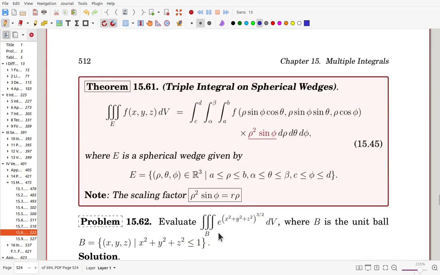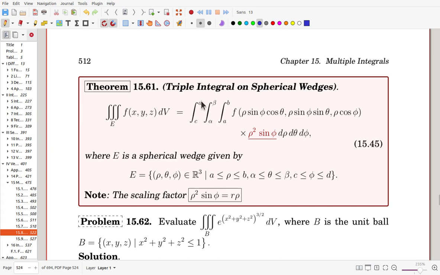Okay. So we have this formula for triple integral on spherical wedges. E is a spherical wedge, so rho is between A and B, theta is between alpha and beta, and phi is between C and D. Then this triple integral can be written in this way.